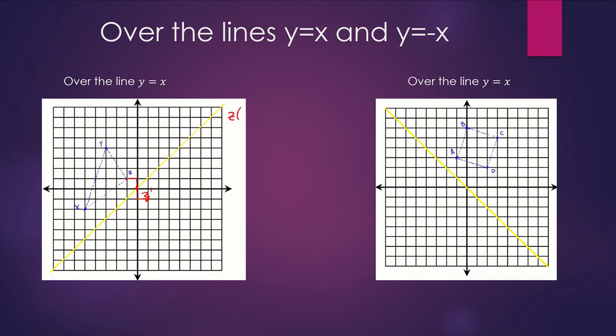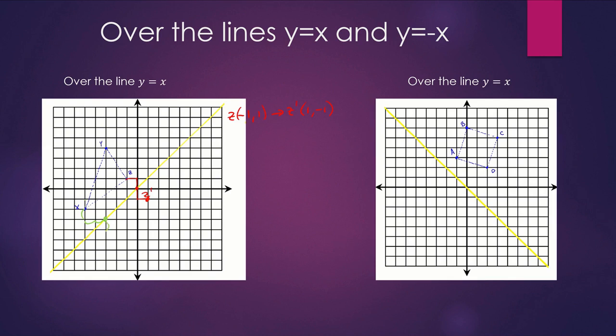Z is at -1, 1. Z prime is at 1, -1. Okay. And we're going to use a different color. Starting here, for x, I have to go 2 left, 1 up.